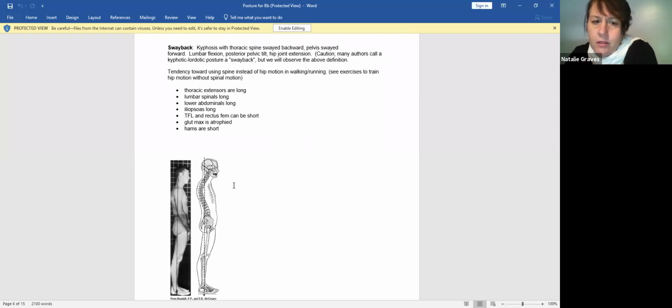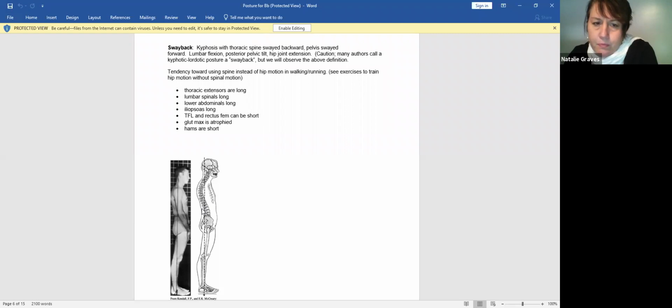So in this particular postural type, again, we've got the kyphosis. So the thoracic extensors, or the paraspinals, also called the erector spinae more specifically, are going to be too long. And when we get to manual muscle testing, they will likely test weak.